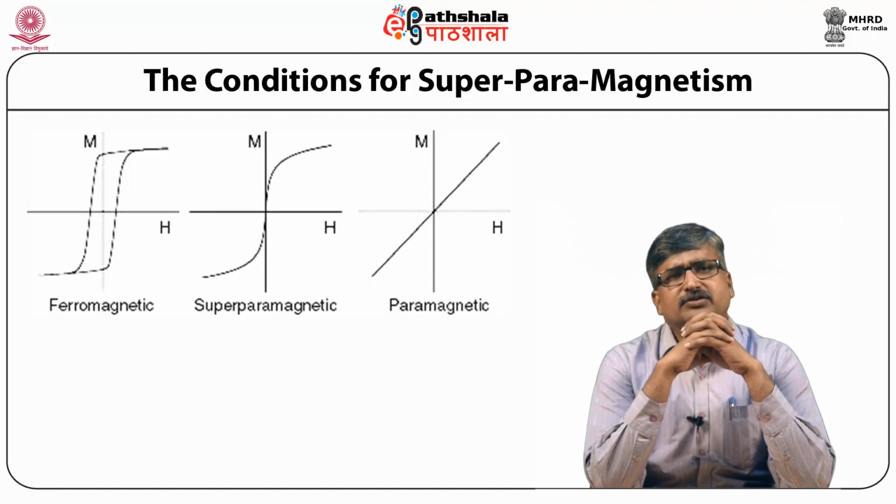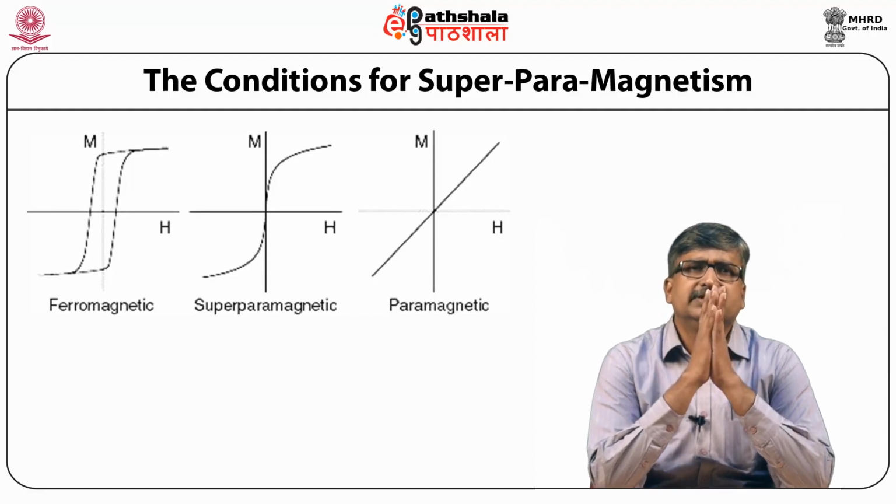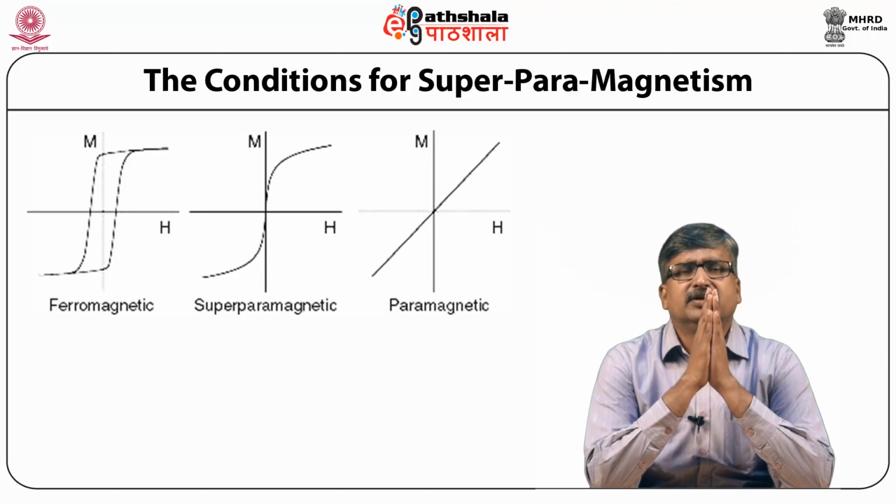In the zero field cooled magnetic measurement, the sample will require cooling to the lowest possible temperature, at which a maximum value is observed. This temperature is known as the superparamagnetic blocking temperature, TB.